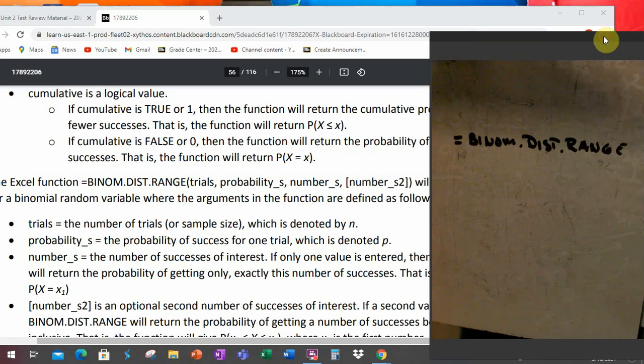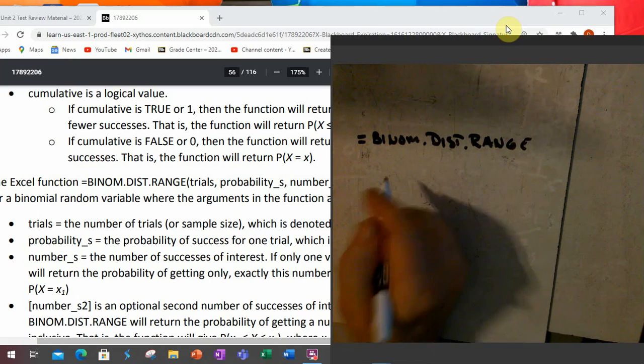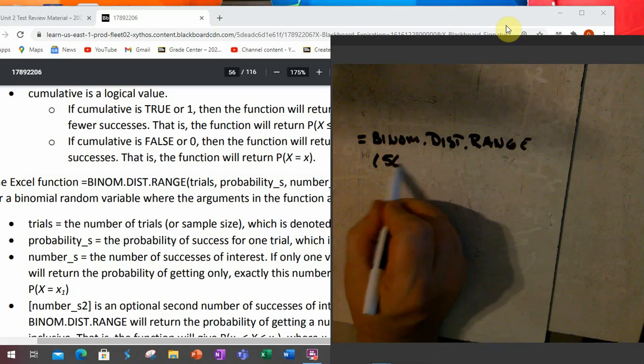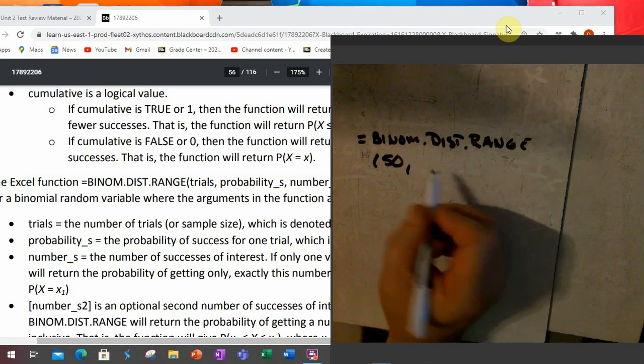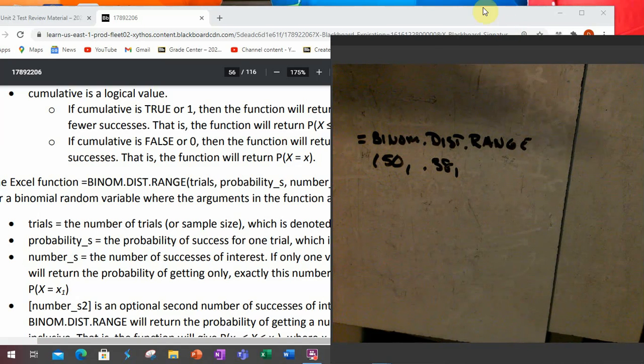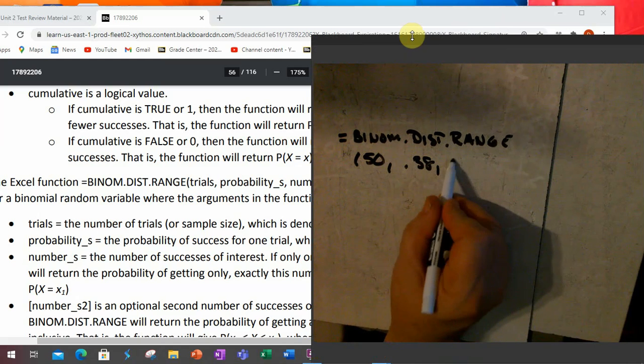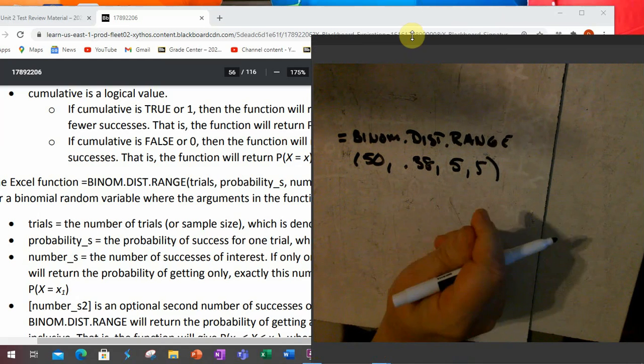And the idea is that you're going to do something a little different here. You're going to do the number of trials, so we would have 50, the probability of success, like the 0.38, and then the range of numbers. If you wanted exactly 5, you would need 5 comma 5.